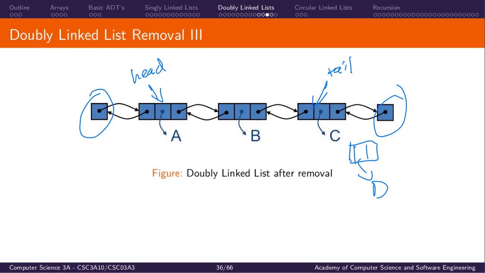I'll just give it a second, I know the annotations don't come up right away. Then if we were to leave tail referring to the node storing C, tail would no longer refer to the last node in our list. It's a singly or doubly linked list, and that's wrong. We have to update it. We have to now set tail to the new last node because we're adding something at the end of our list.